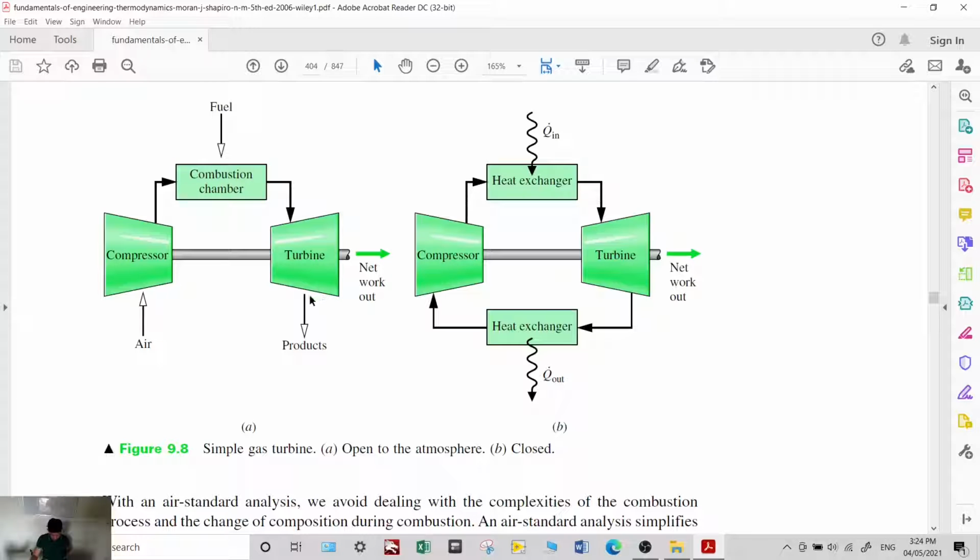These are the main components of the gas turbine: the compressor, combustion chamber, turbine, and for a closed system, the heat exchanger.